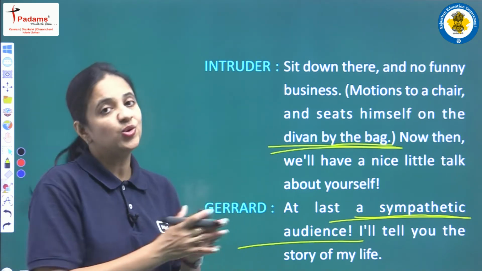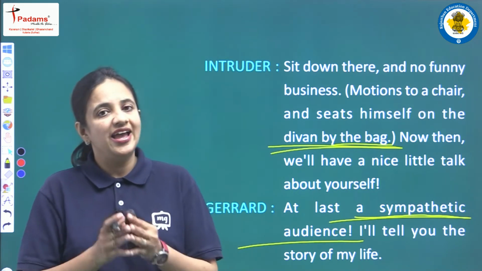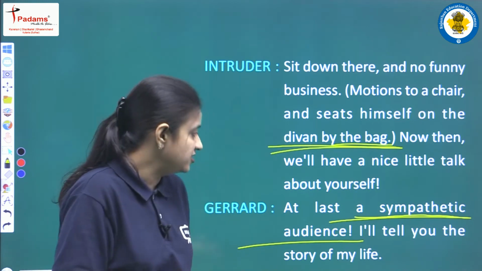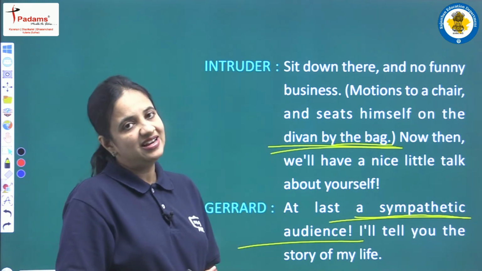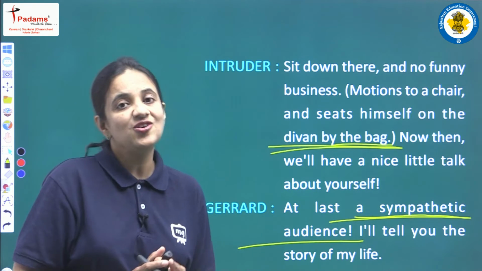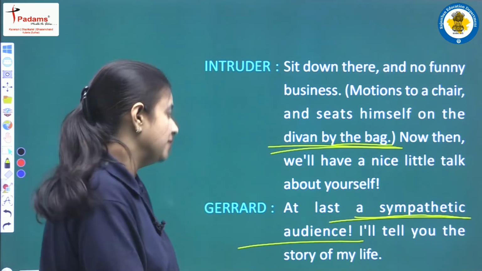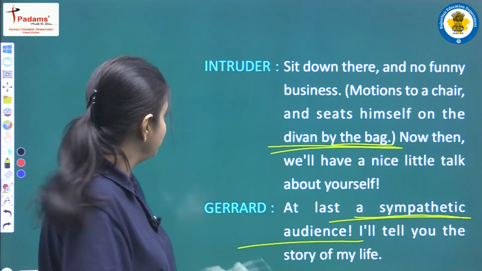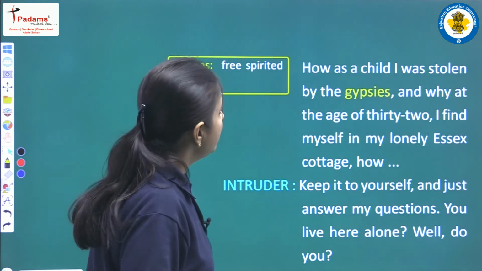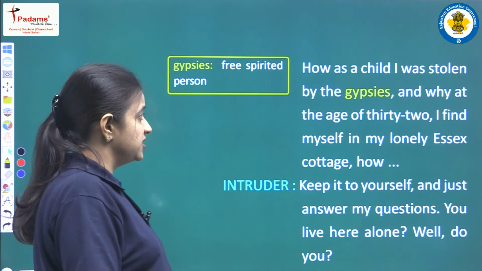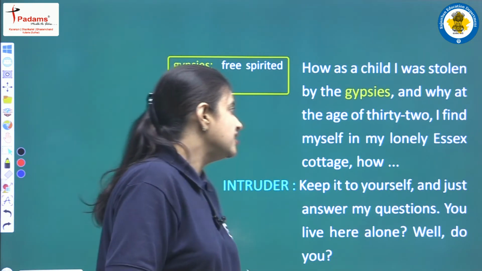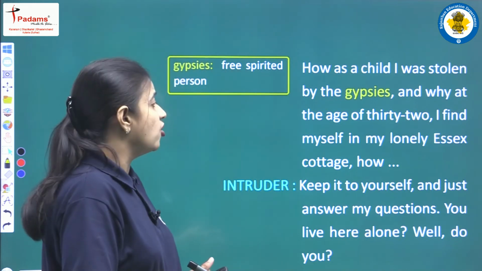He says he will tell his story, and to add a little humor, Gerald says finally he got one sympathetic audience to listen to his story. Next he says, "I will tell you the story of my life, how as a child I was stolen by the gypsies, and why at the age of 32 I find myself in my lonely Essex cottage."